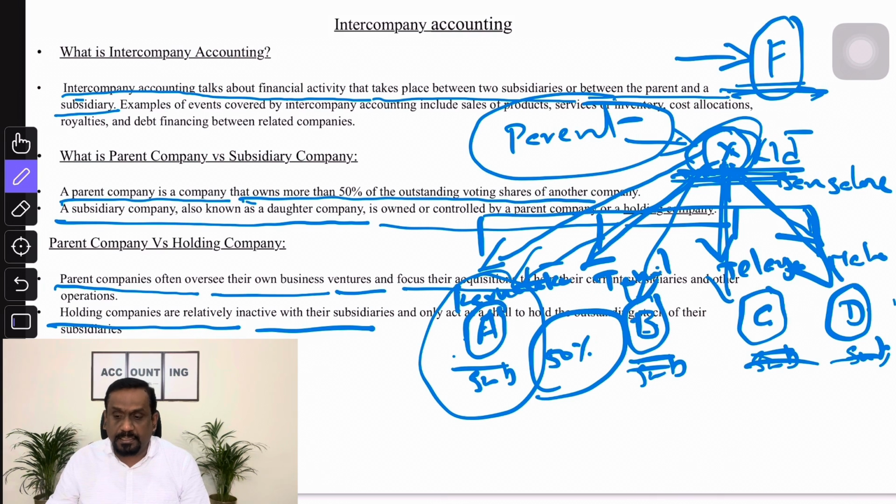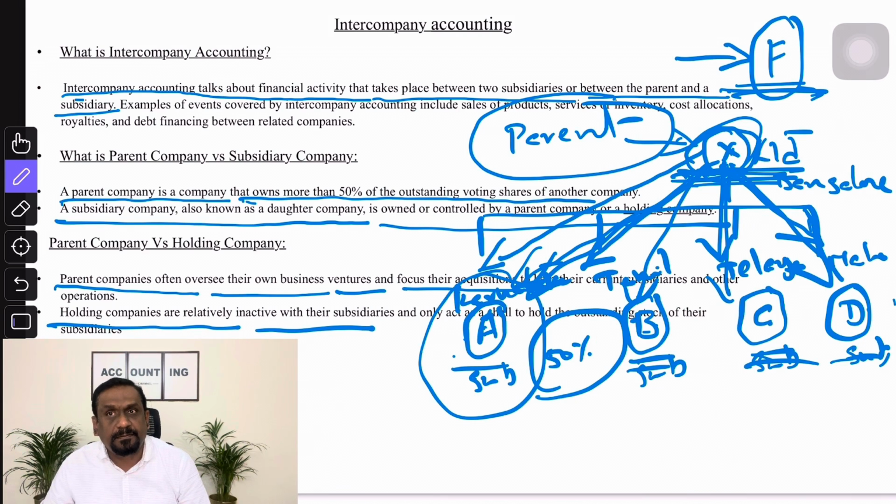Now the question is, when the F product is manufactured by X and sent to A, at what price has this product to be sent to A? At what price has X to send this F product to B? At what price has this F product to be sent to C? At what price has this F product to be sent to entity D? X has to send this product to those subsidiaries, right?